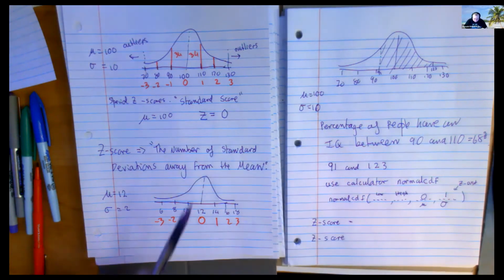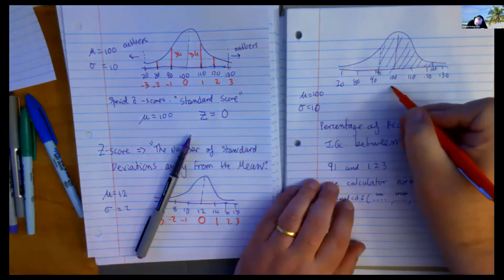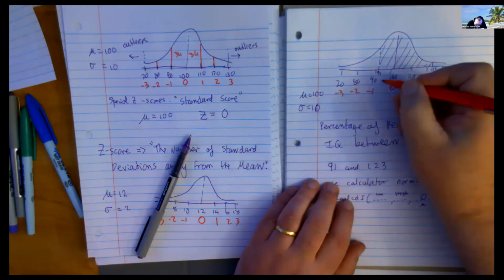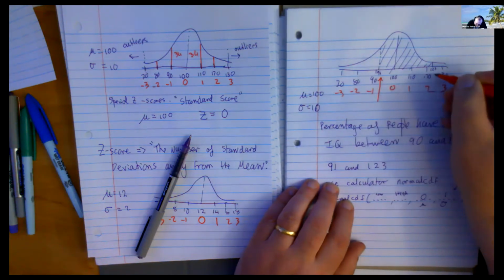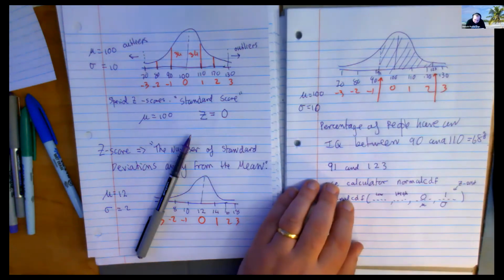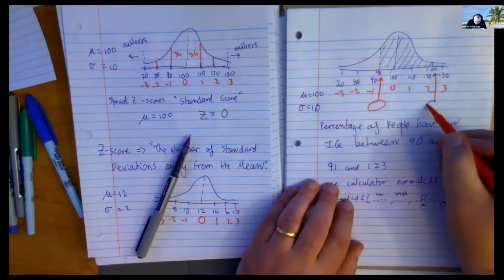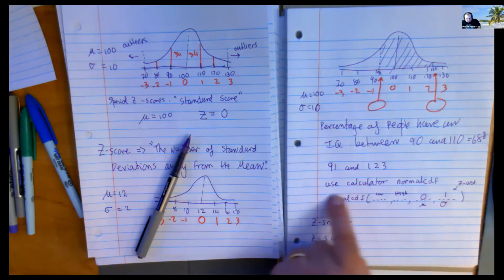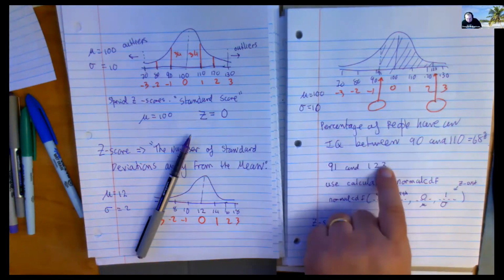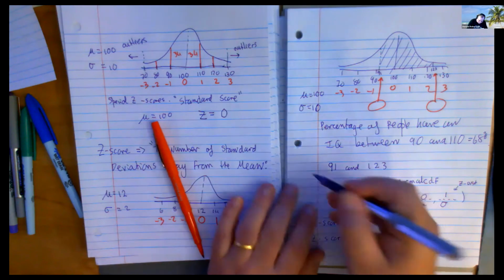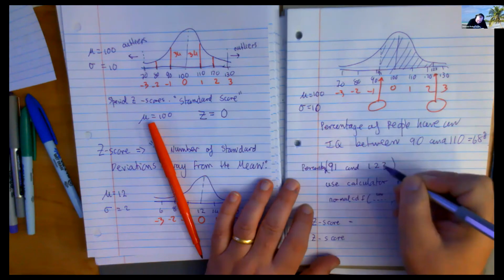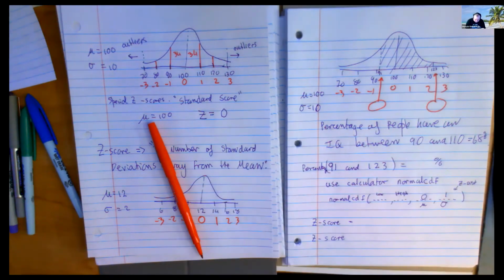Essentially, you see these numbers are 0, 1, 2, and 3, and -1, -2, and -3. We are going to find out what the Z-scores for 91 and 123 are, and they're going to go here. And then I'll show you on the calculator where this function is. And this function will tell us the percentage of people between here and here.